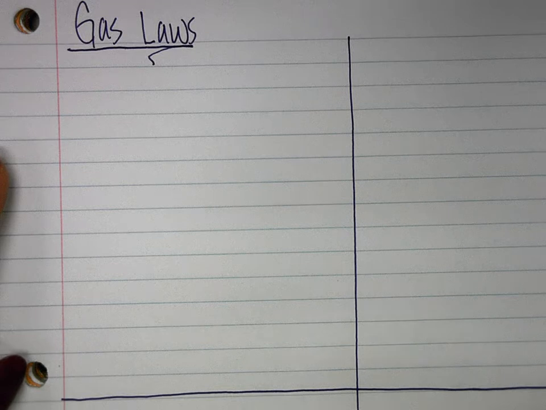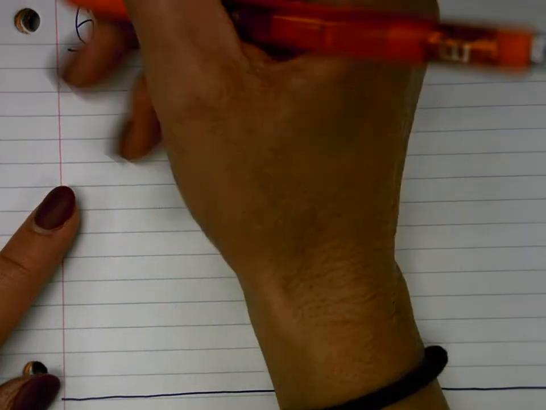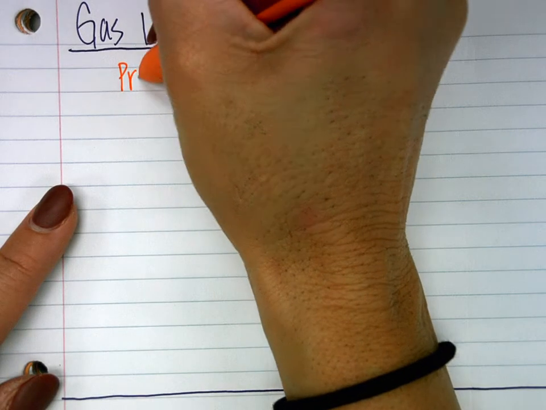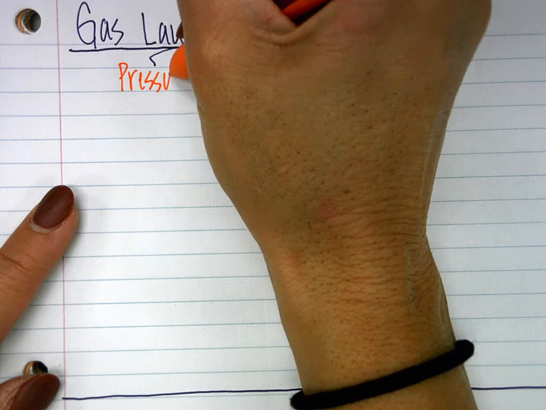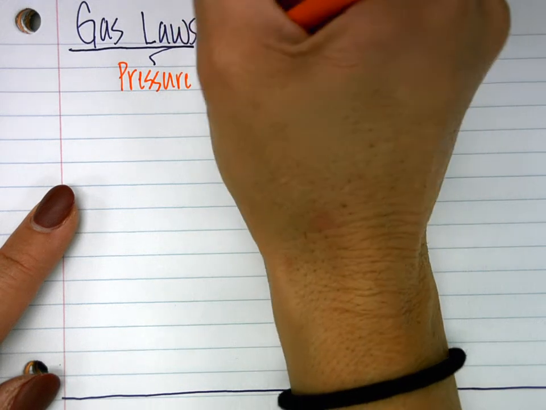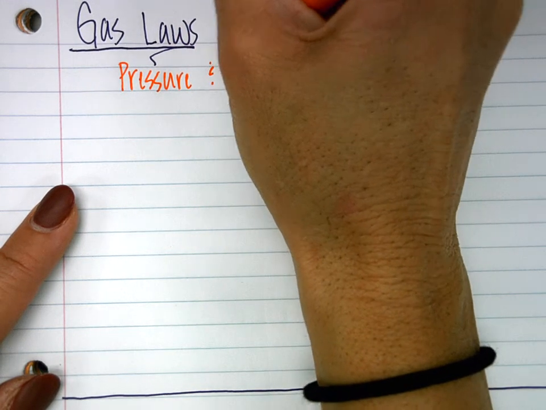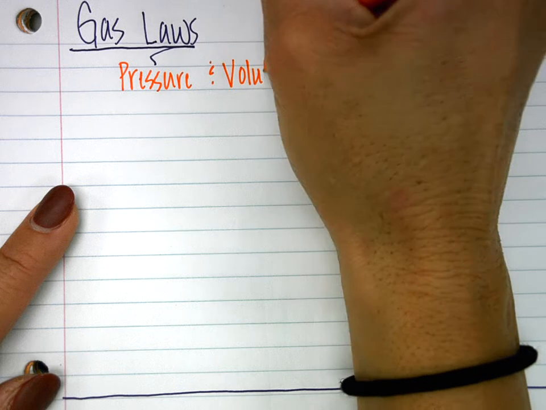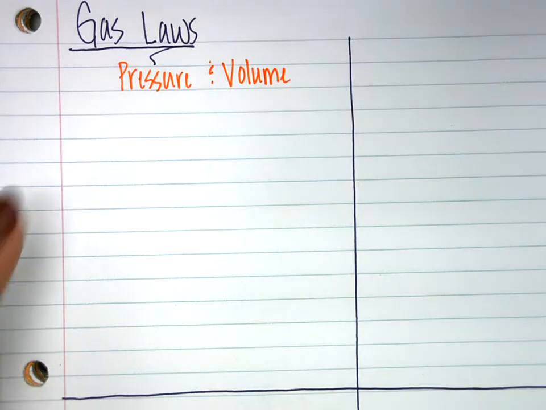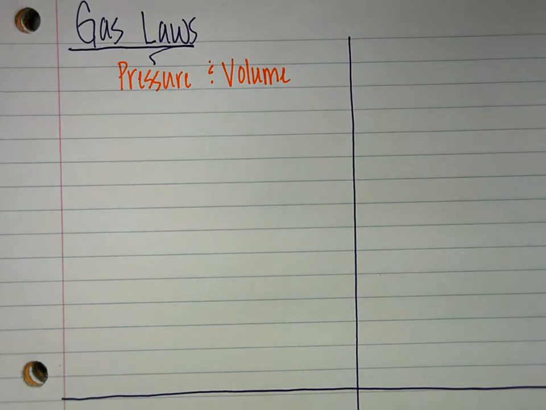Okay, that gas law, we are going to be looking at pressure and volume. And again, this was the one you had for homework. Okay, pressure and volume. And what we are keeping the same, and it is not changing, right?